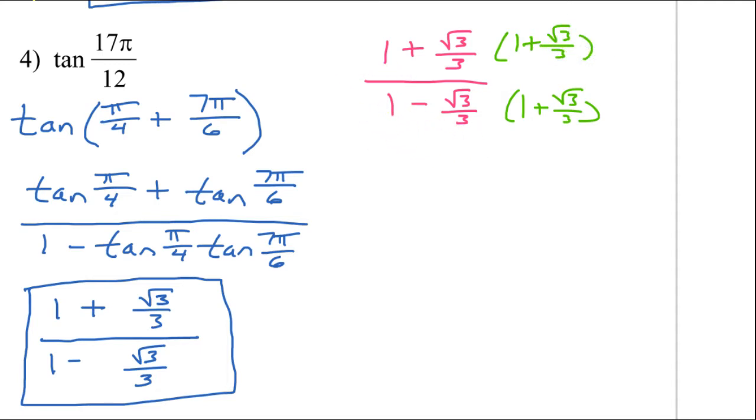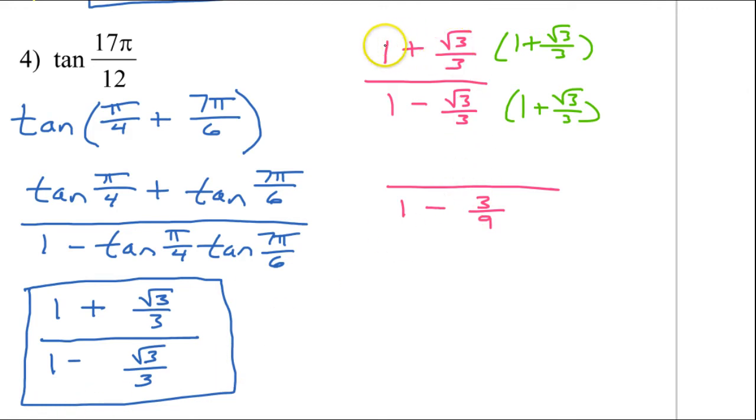If you FOIL this out, double distribute, whatever you want to call it, 1 times 1 is going to give me 1. The inner and the outer is going to cancel out. Then I will wind up multiplying these times each other. So this is going to give me negative, because a negative times a positive is negative. Radical 3 times radical 3 is 3. 3 times 3 is 9. So it's going to give me that.